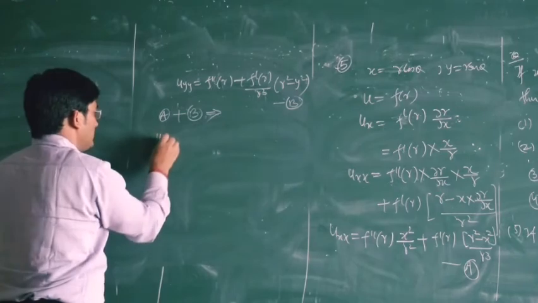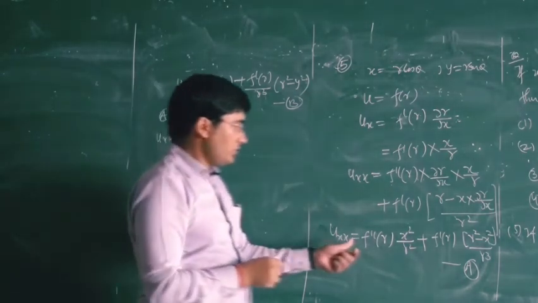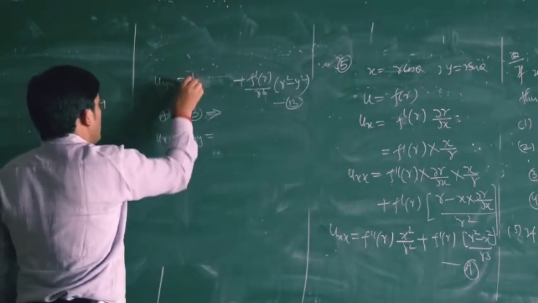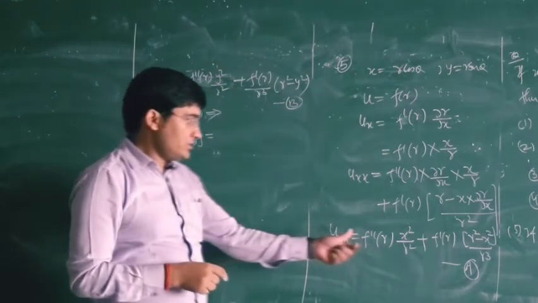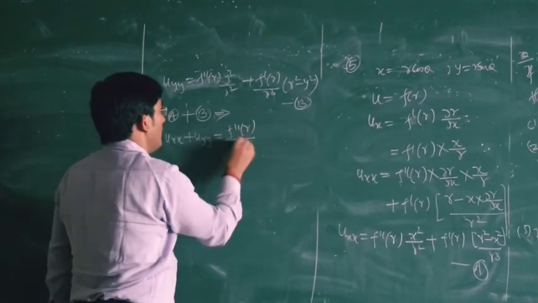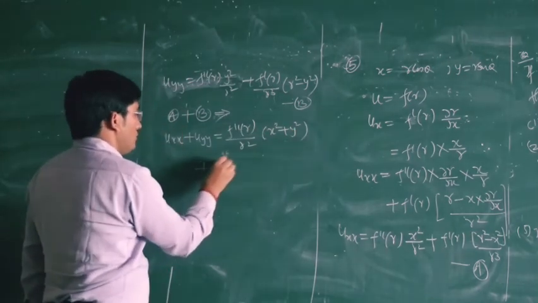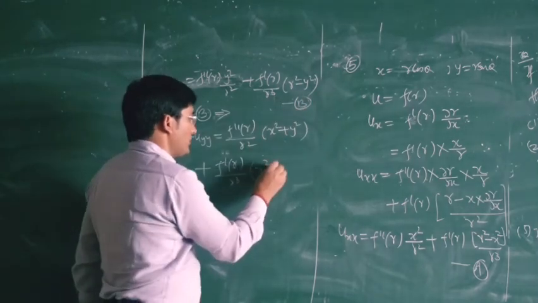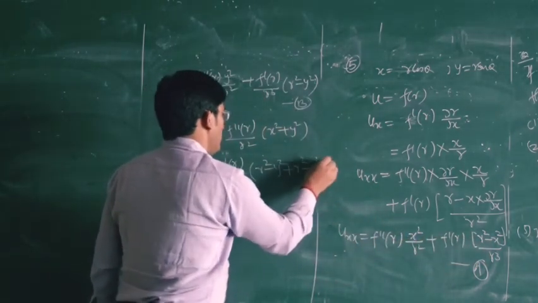Addition of a and b will give f double dash into y square from r square. So let us add this equation column wise. We will have f double dash r upon r square, then in the bracket we will get x square plus y square, then we will have f dash r upon r cube, and in the bracket we will have r square minus y square, then from here we will have r square minus x square.